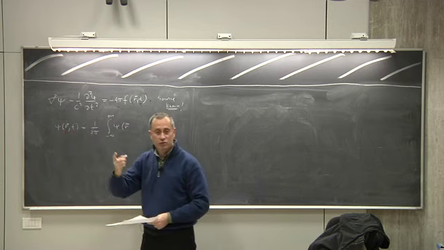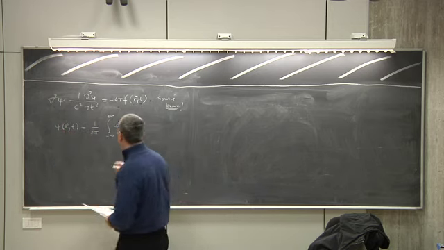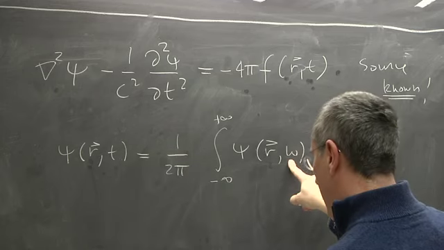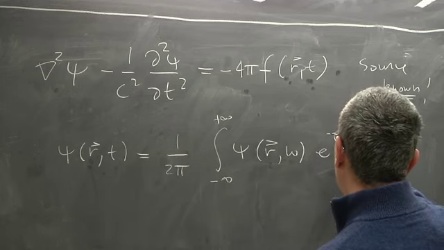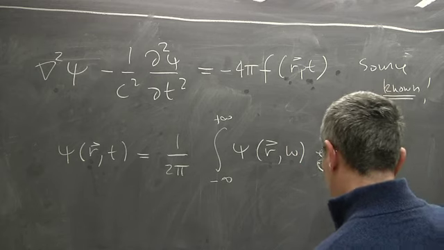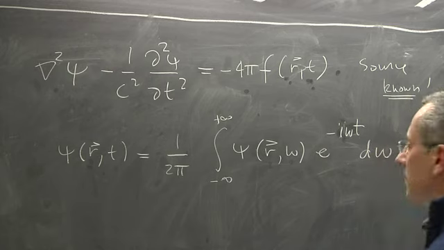I could Fourier transform everything, but I do not. I Fourier transform just time. So now it depends on the frequencies. And this is an integral over the frequencies. This is the Fourier transform.